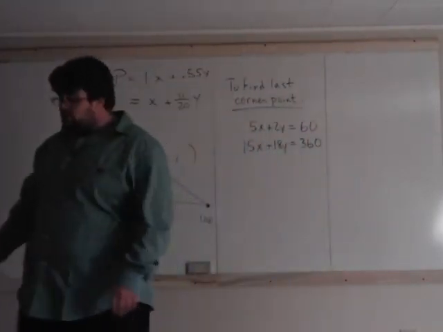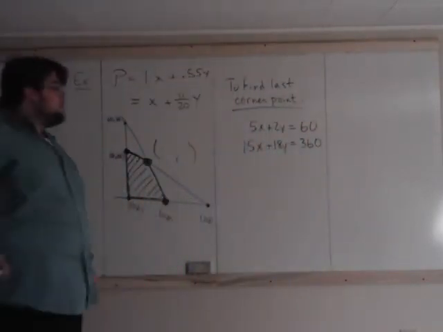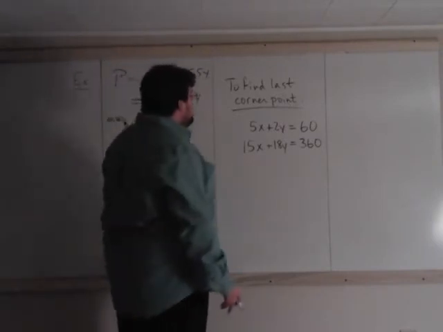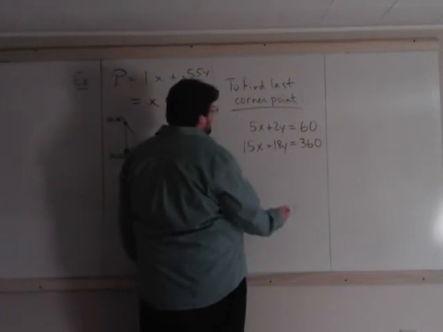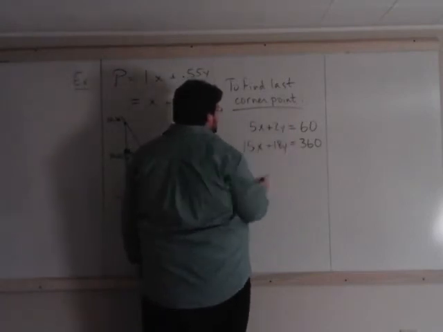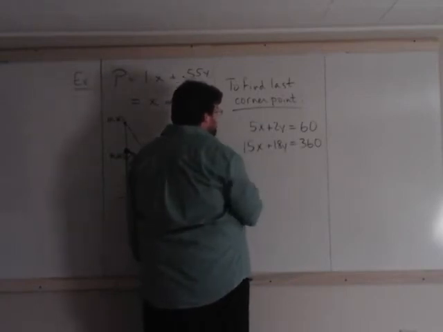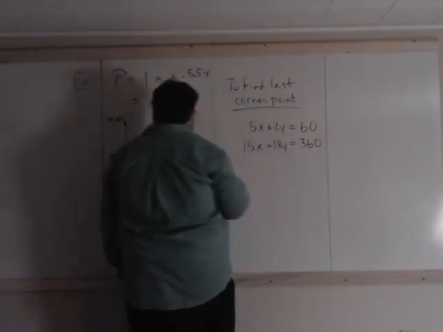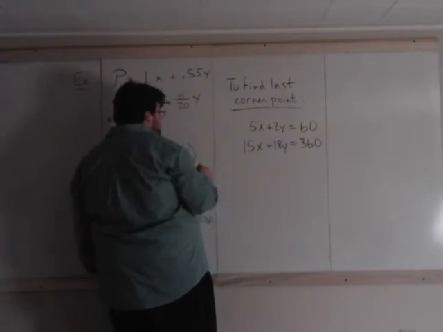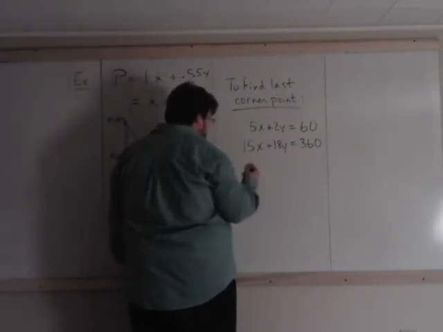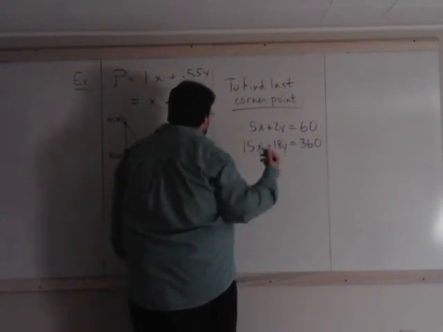We have two equations, two variables. We can solve them. Now, there are a couple ways you could solve these. One of them is to solve the first equation for y, substitute here, solve for x, and substitute back for y. I find that a little difficult. Not difficult mathematically, but it is easy to make a mistake.